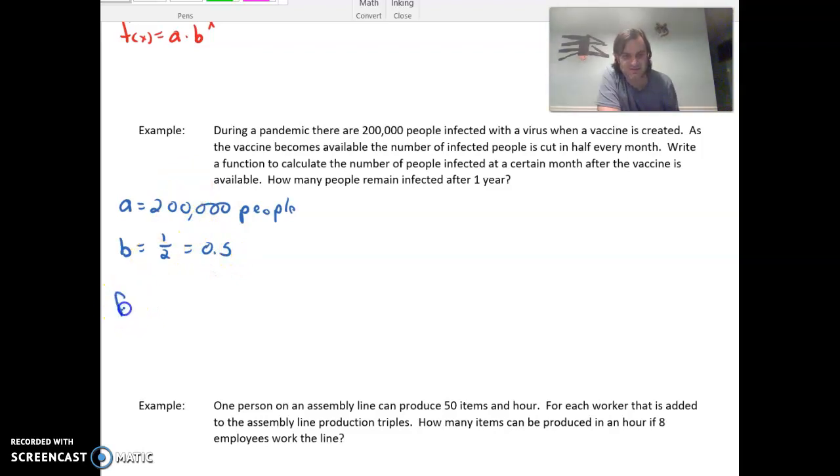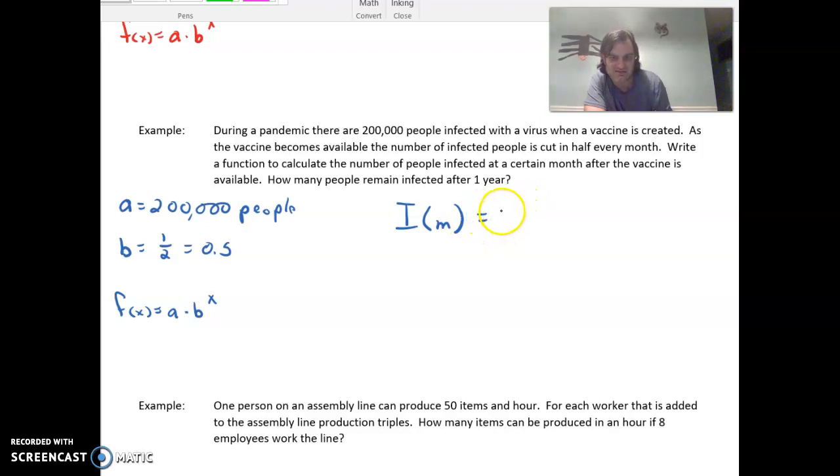And the form that we use, f of x equals the starting amount times the multiplier raised to a power. So what do we want to call this? We're going to call this I for infected people, and what's going in here is going to be months. So I of m. You can call it many different things.